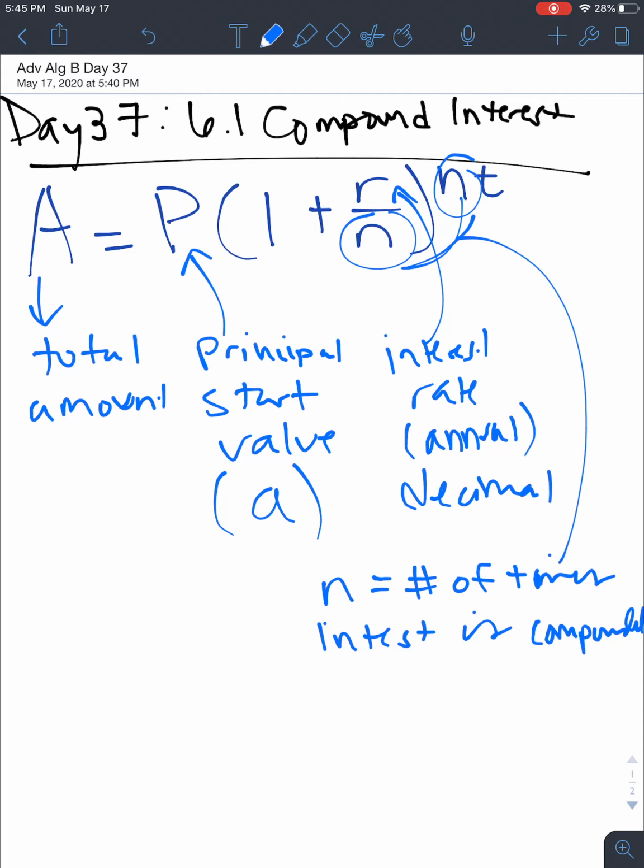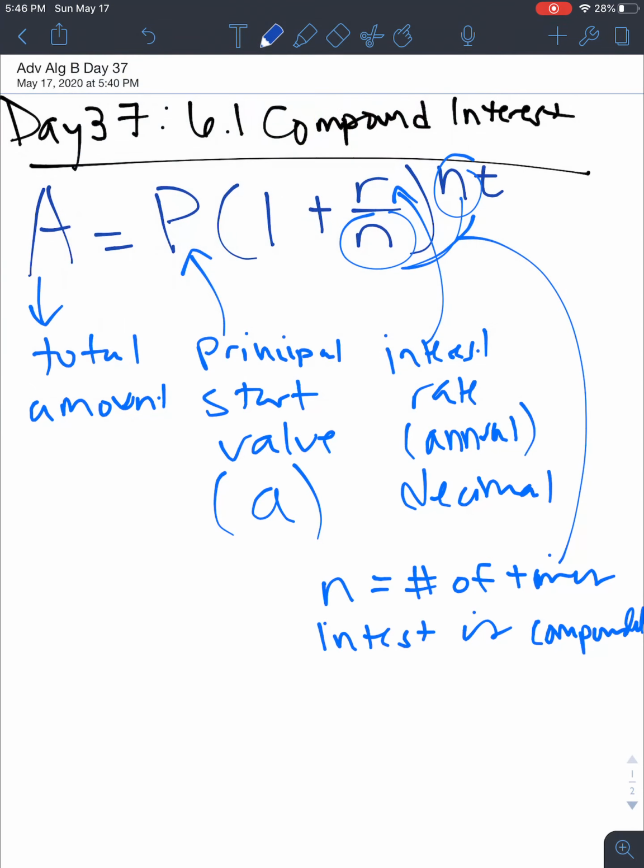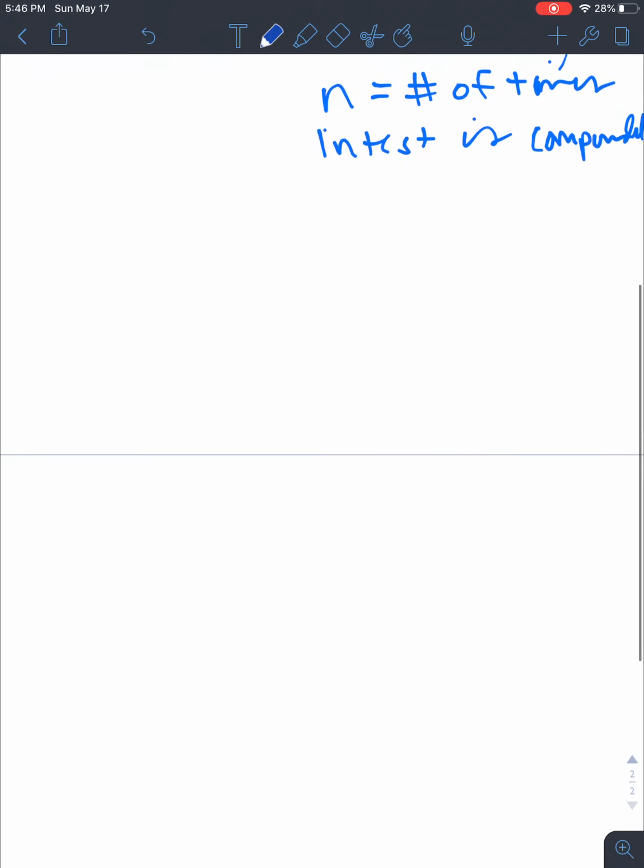Those are all very normal, everyday things in adult lives. Some of you might even have credit cards now, but if nothing else, you probably will in the future, and it's good to know how to use them wisely. Part of how you can think about that is through using compound interest.